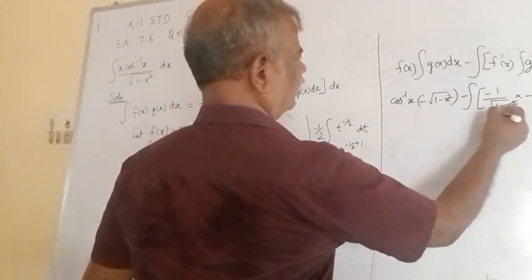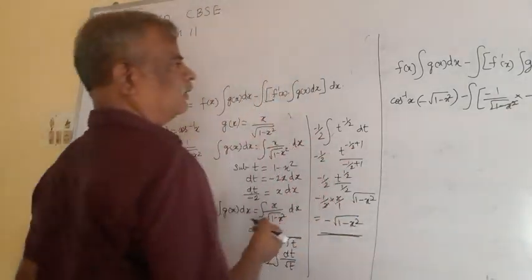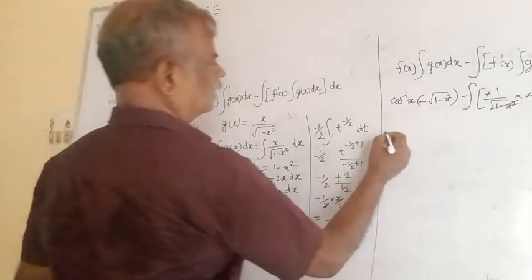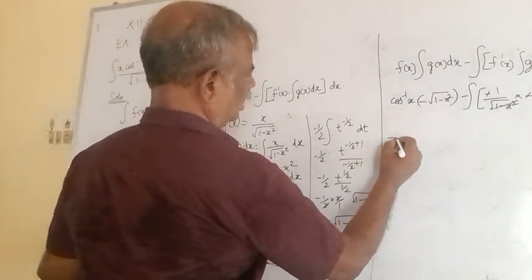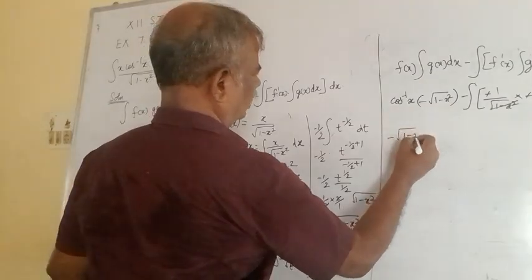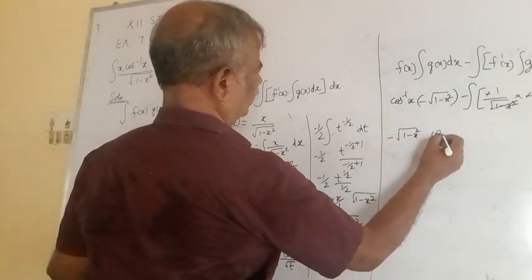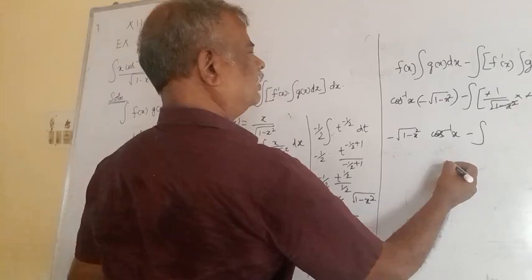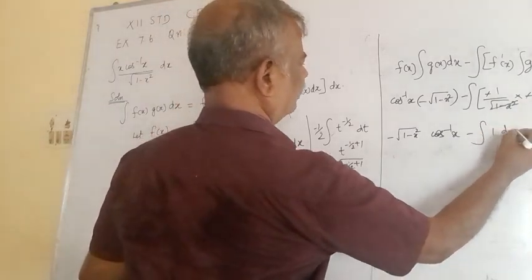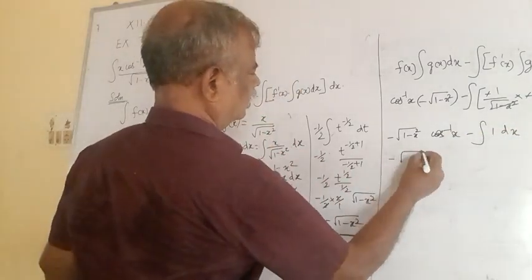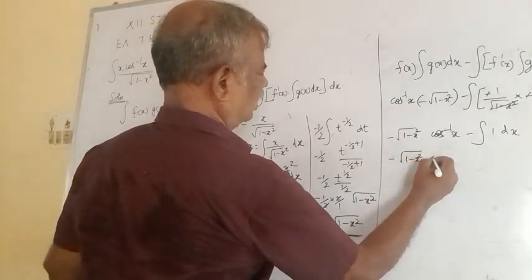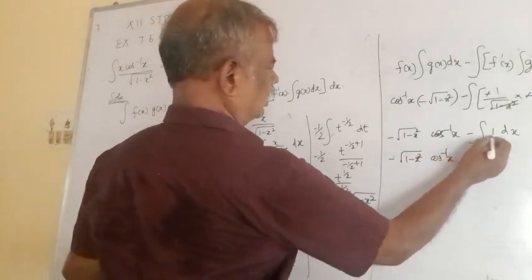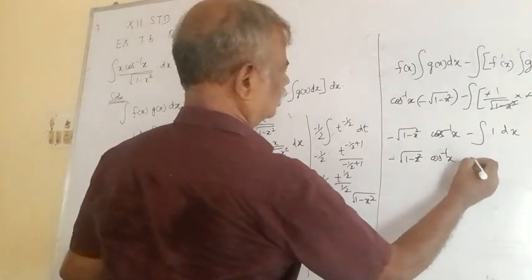Here root of 1 minus x square and root of 1 minus x square are cancelled, minus and minus becomes plus. So the answer is minus root of 1 minus x square cos inverse x minus integration of just 1 dx. What is the integration of 1?